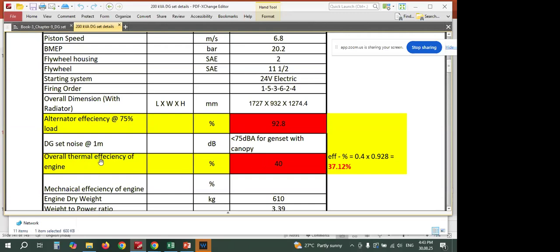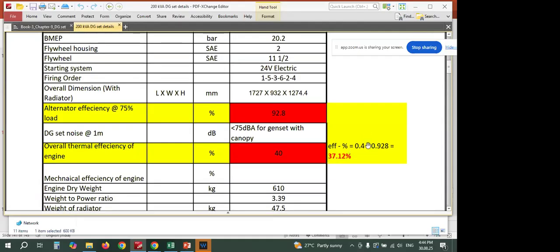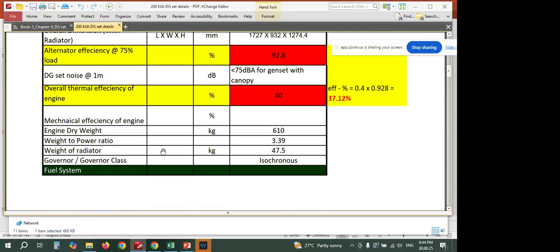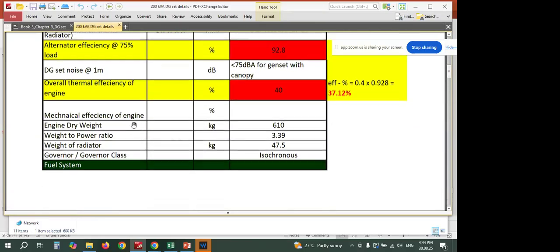So with the engine coupled to the alternator, input to engine and output of alternator, if you multiply this, the overall efficiency of the DG set is 37% as per this calculation.